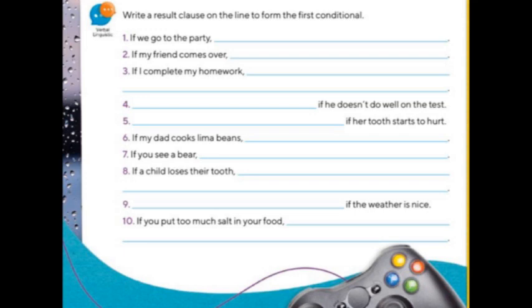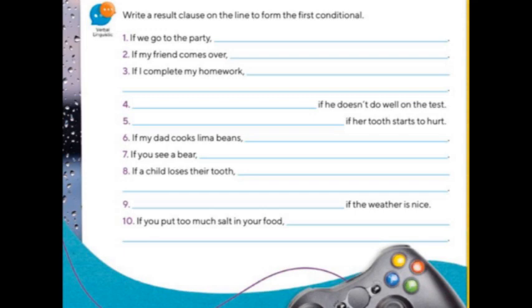Okay. Number two, let's read together. If my friend comes over, come over means come visit. Again, if my friend comes over, what's going to happen later? Hmm.